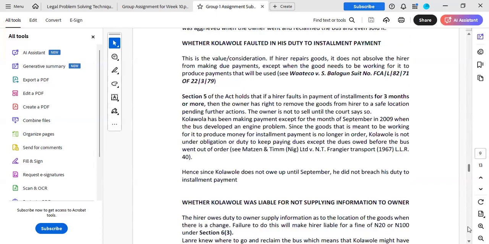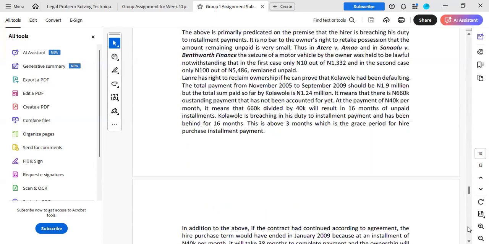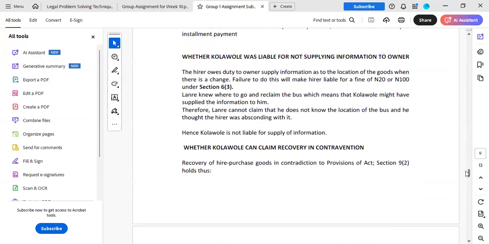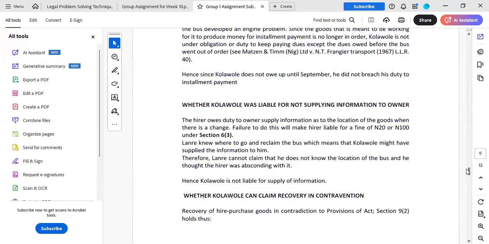Make sure that all the relevant issues have been identified and discussed appropriately, and then we have a general conclusion. But remember that as you are doing it, you raised an issue. Your issue was whether Kolawole was liable. You must be able to conclude whether he is liable or not. As you are solving mathematics, you have your law defined properly, elaborated upon, applied to the facts of the case, and when necessary you make arguments and counter arguments.